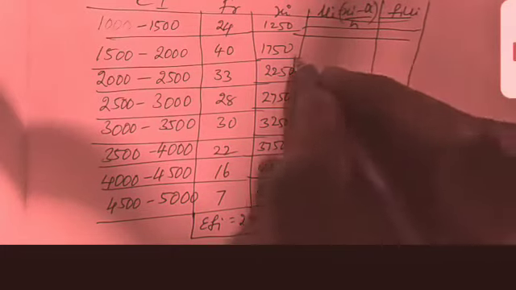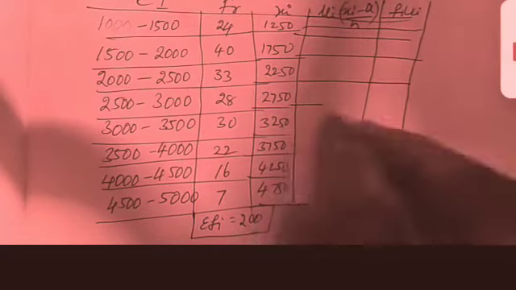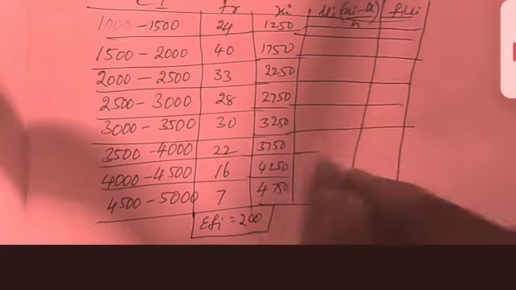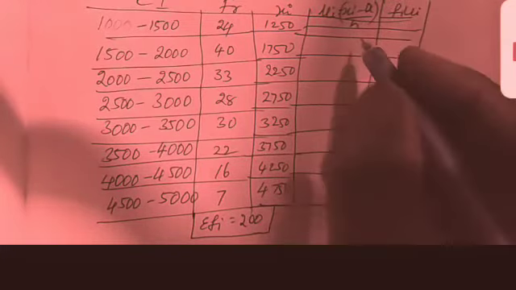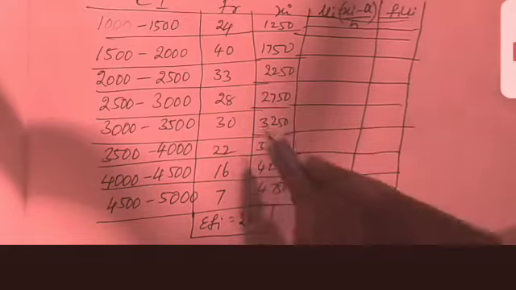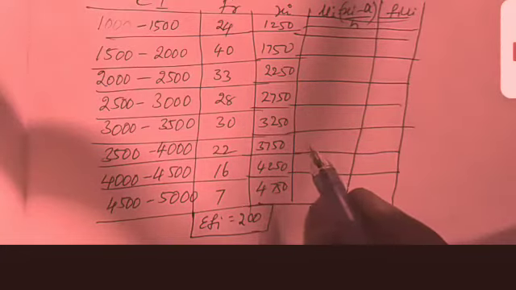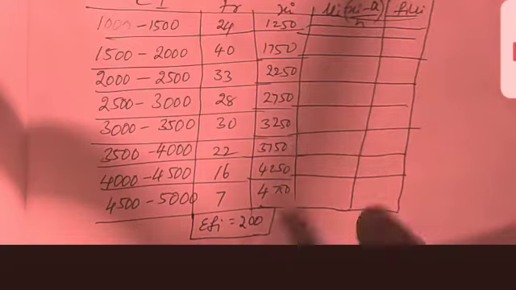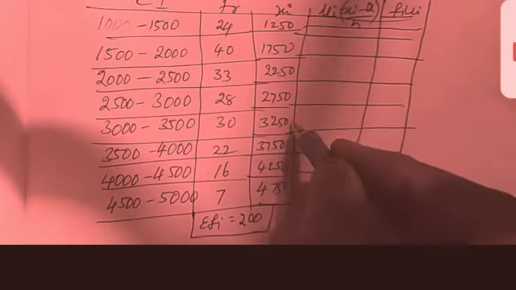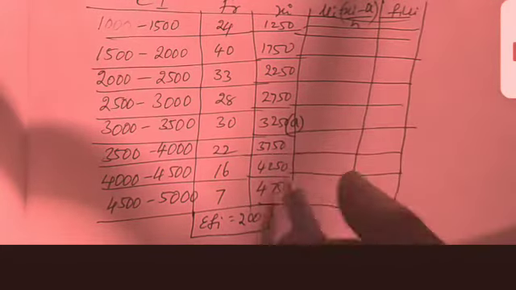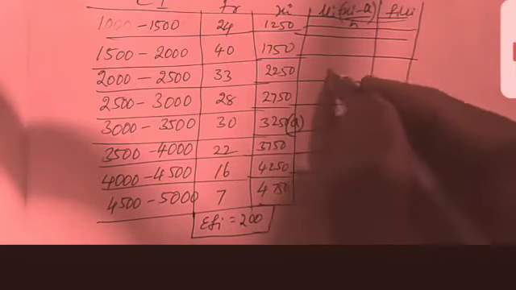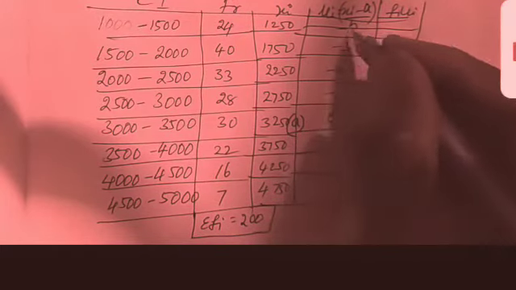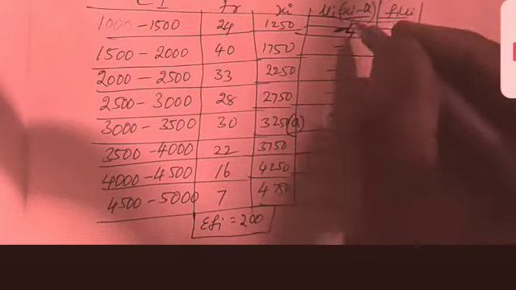Now I take A as 3250 or 2750, whatever it may be; you may take A as any number in xi. So I have taken 3250.